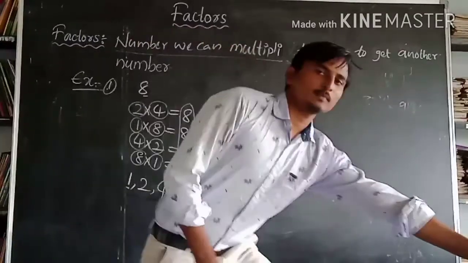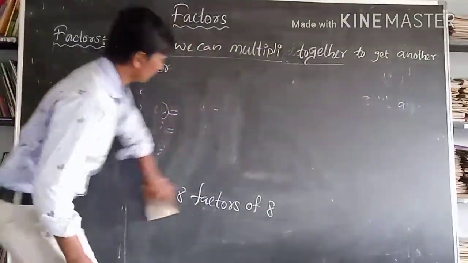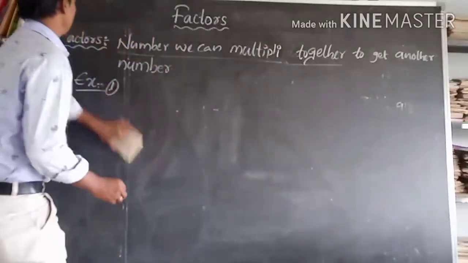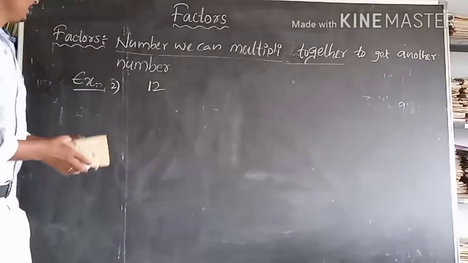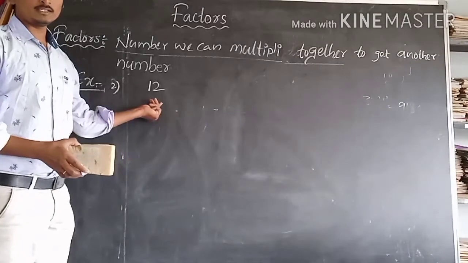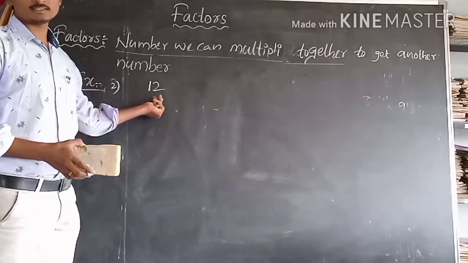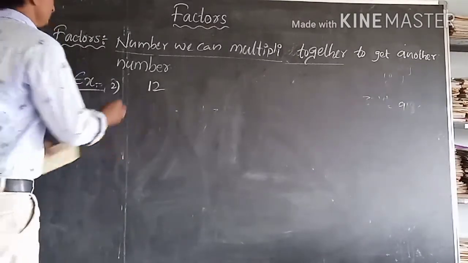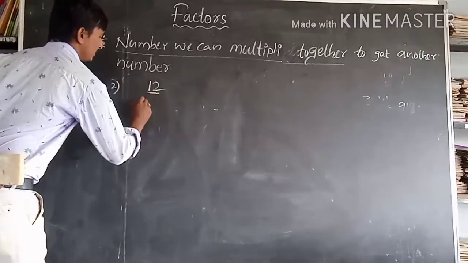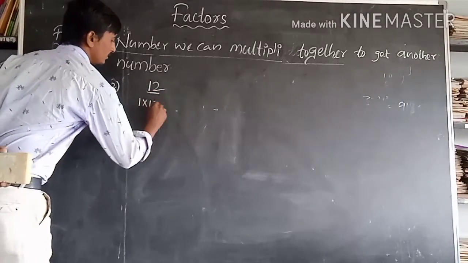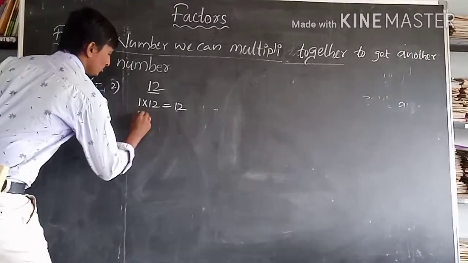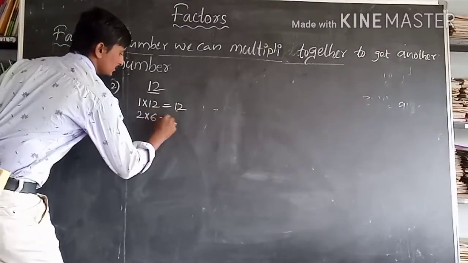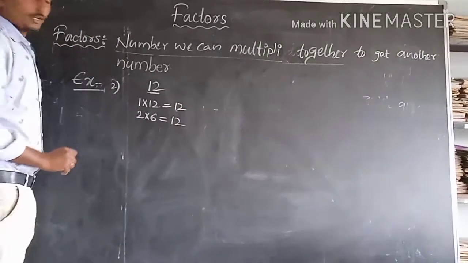We'll take one more example so we can understand very clearly. Let's take 12. Now find the factors of 12. How many factors are there in 12? We'll find out how many times it will come. 1 multiplied by 12 is 12. And 2 multiplied by 6 is 12.